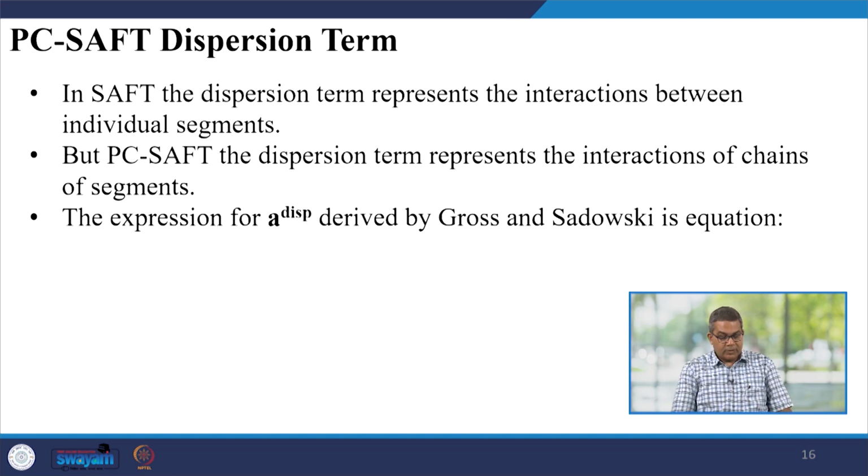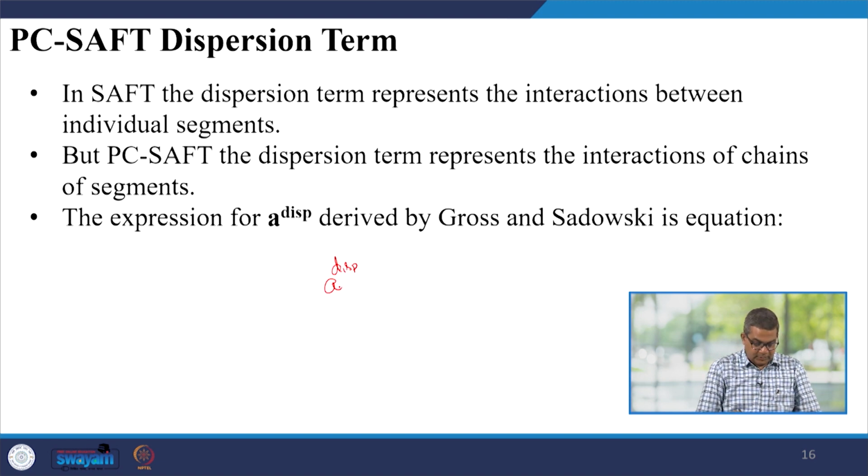Now in the SAFT dispersion term represents the interaction between the individual segments, but in PC-SAFT the dispersion term represents the interaction of chains of segments. So the expression for A dispersion derived by Gross et al. is given by A dispersion over RT is equal to A1 over RT plus A2 over RT.